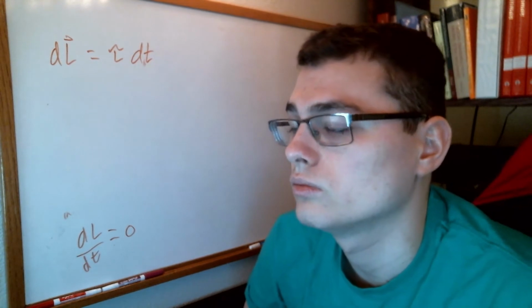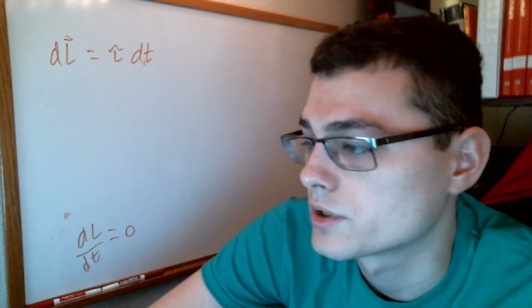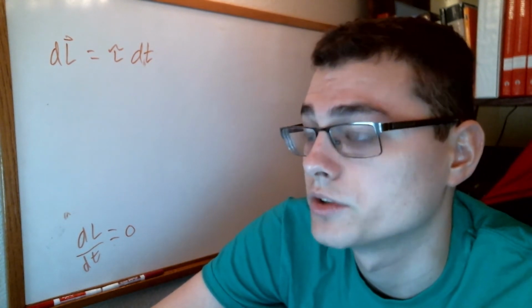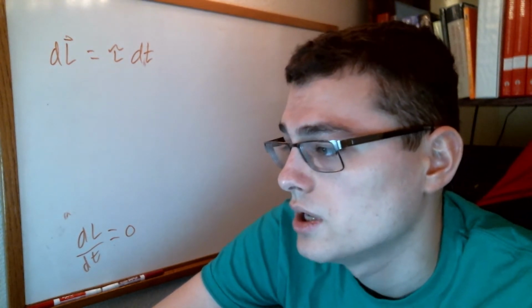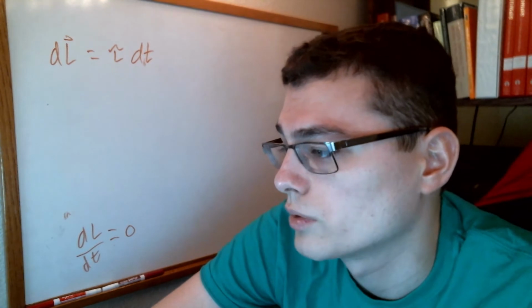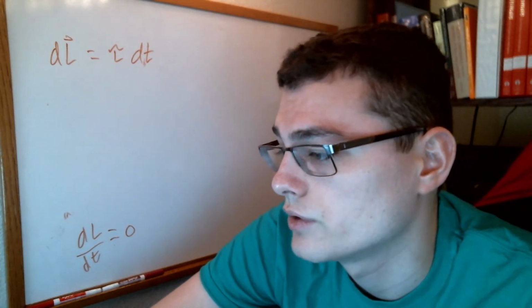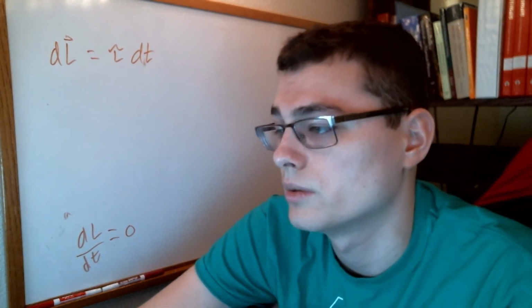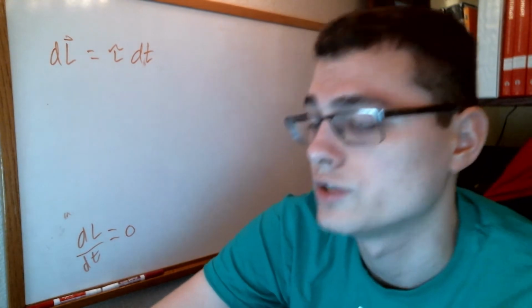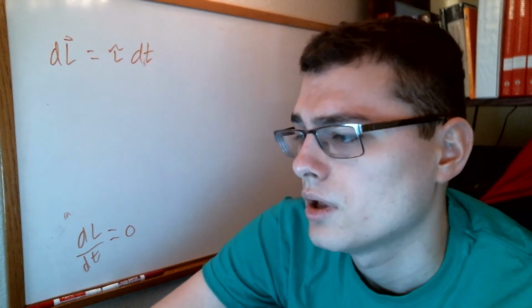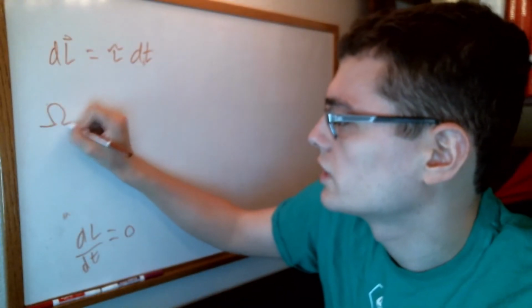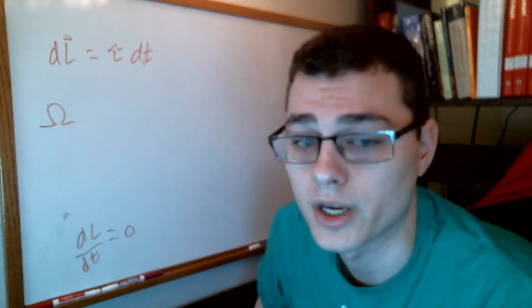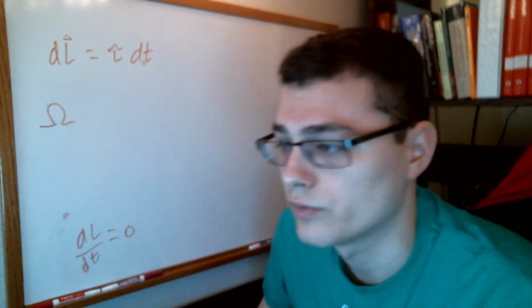So this part of the chapter is going to be talking about gyroscopes and precession. This is 10.7 in this chapter. We're going to introduce a new quantity, capital omega. The omega that we've been using before is the lowercase version.